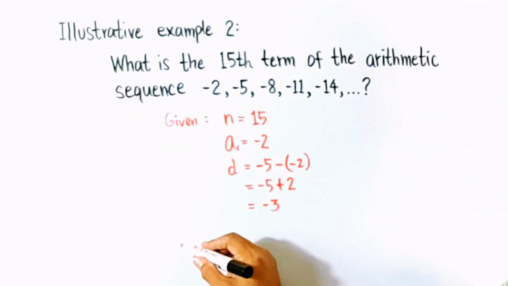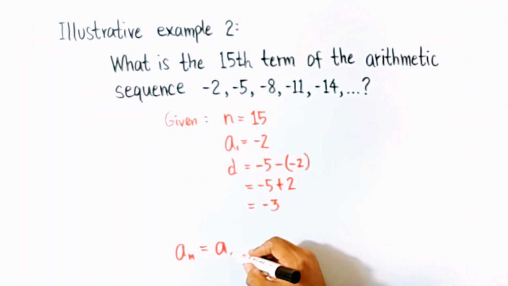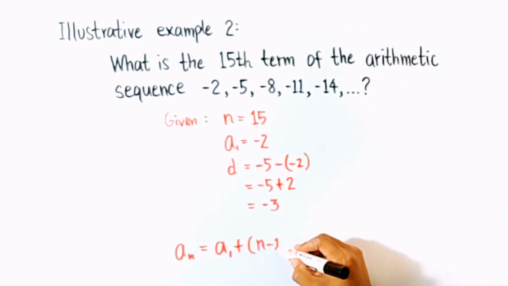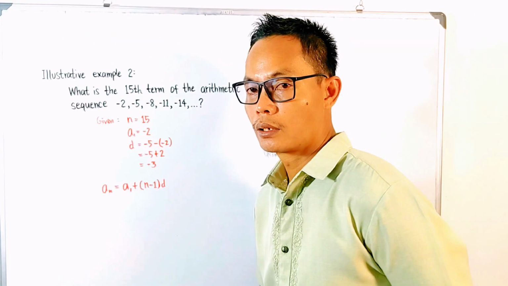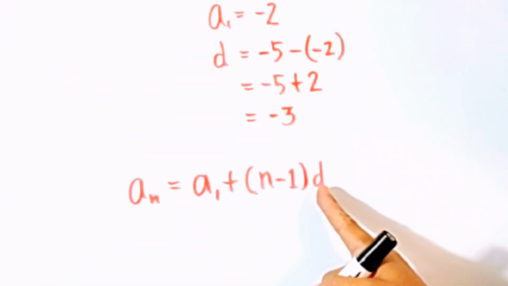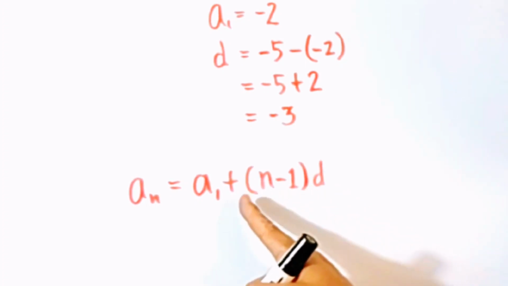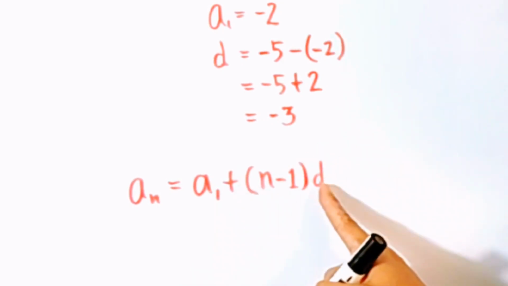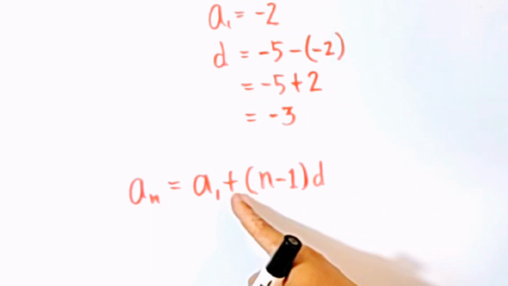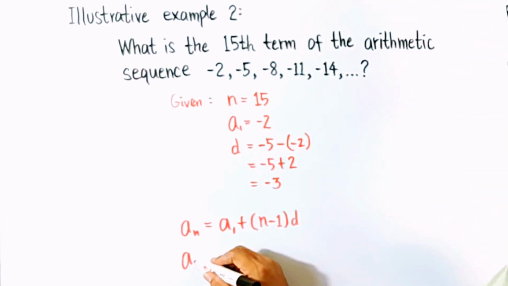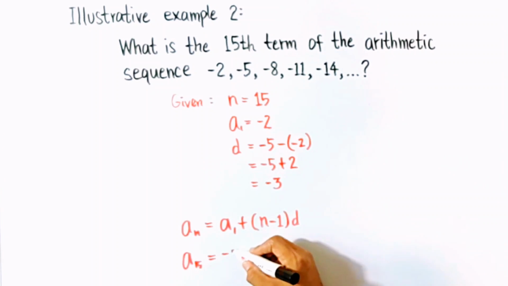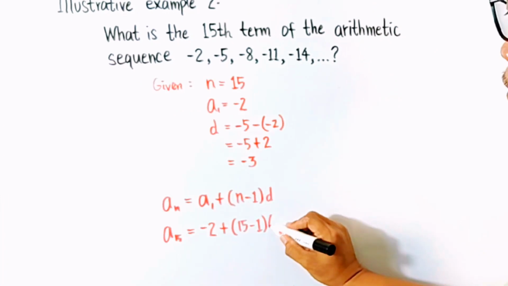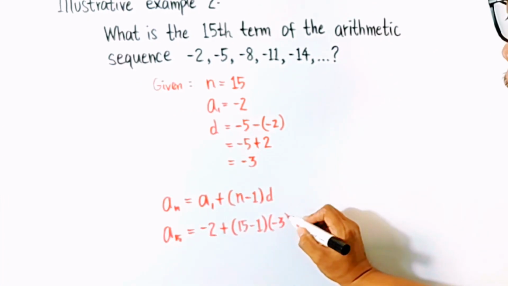Let us continue using the notation a sub n is equal to a sub 1 plus quantity n minus 1 times d. In this notation, it doesn't matter if the value of d is here or here. You just multiply that value by the quantity of n minus 1. Then we are going to substitute the value of n as 15. The first term is negative 2 plus 15 minus 1 multiplied by the common difference of negative 3.